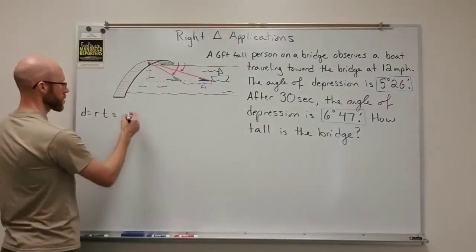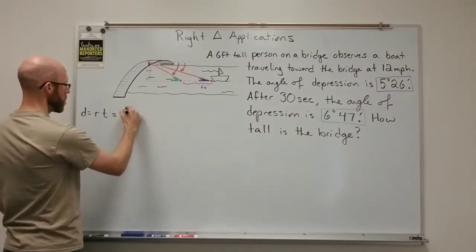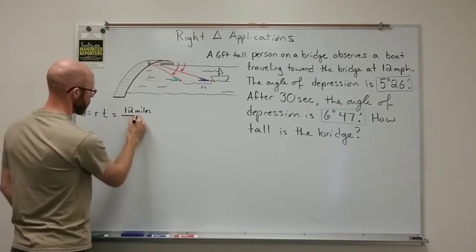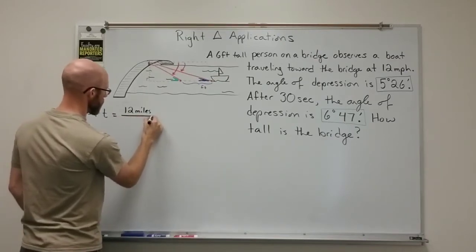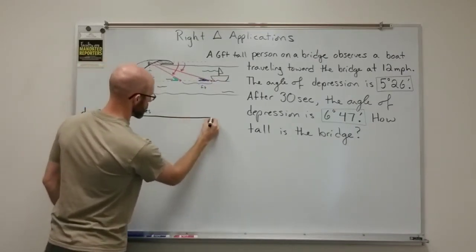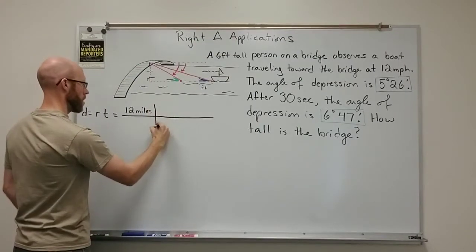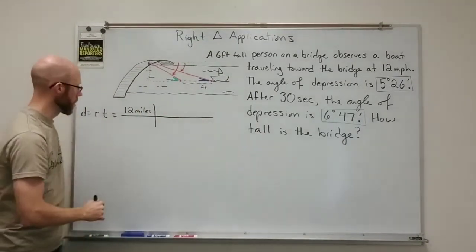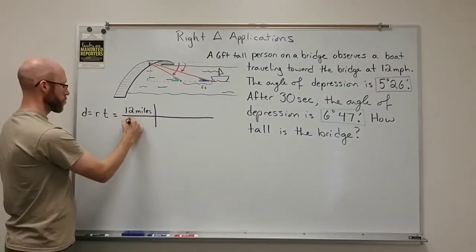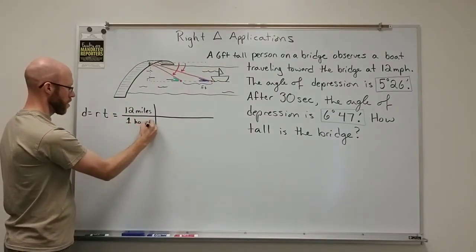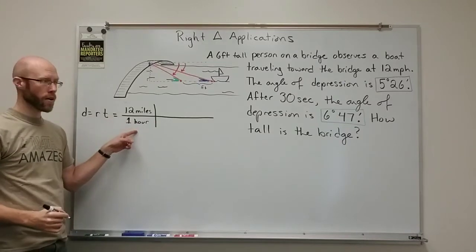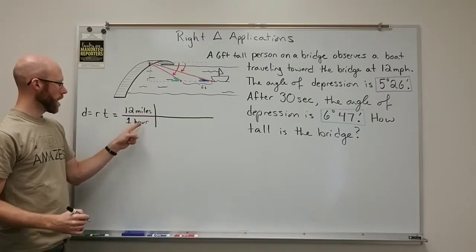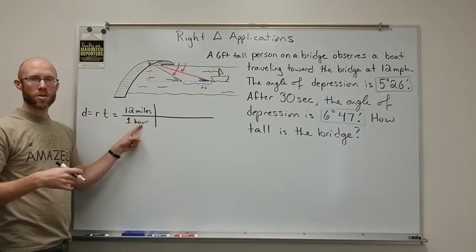And so I'm going to take the 12 miles, and remember, in unit analysis I do this technique where I do a whole bunch of fractions next to each other and multiply them together. We got 12 miles in 1 hour. Okay, 12 miles per hour. I want to change the hours into seconds.